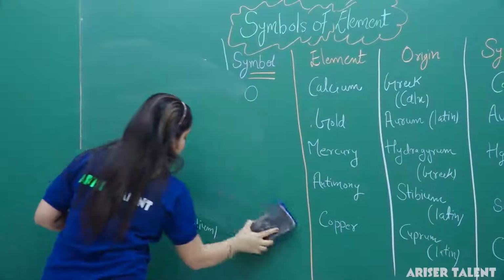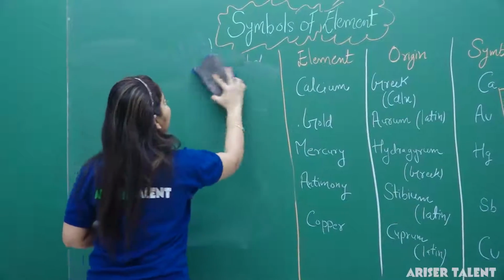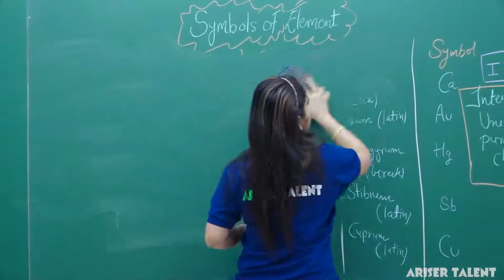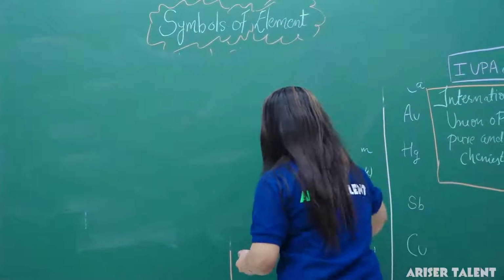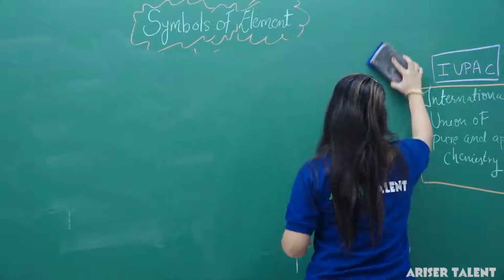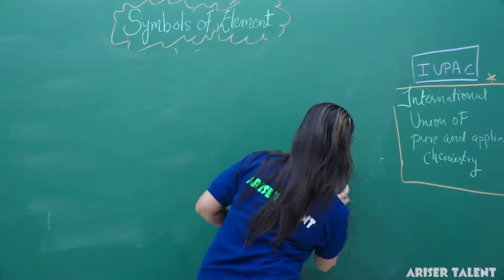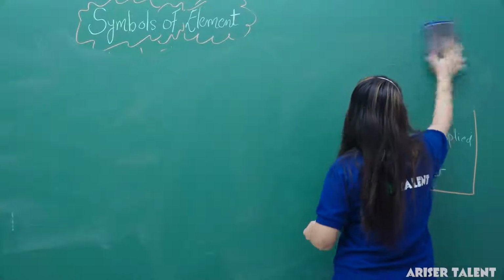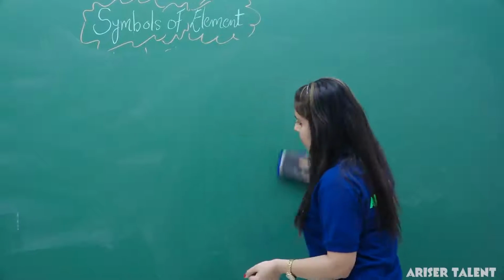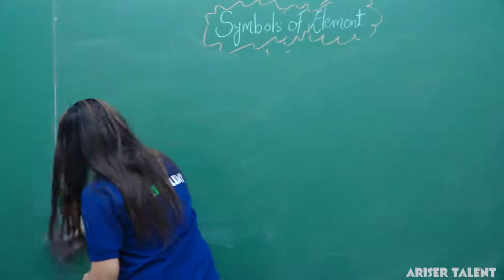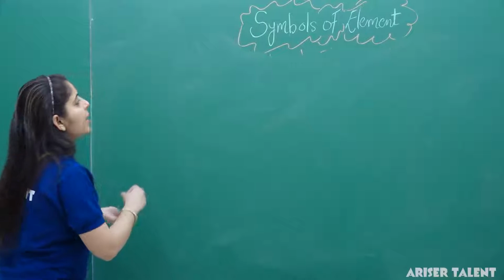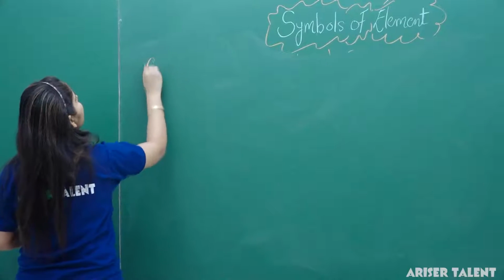Now what are the actual characteristics of the symbol? Why do we need to draw a symbol of an element to represent it?